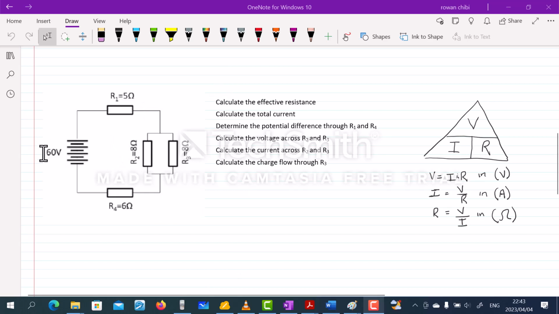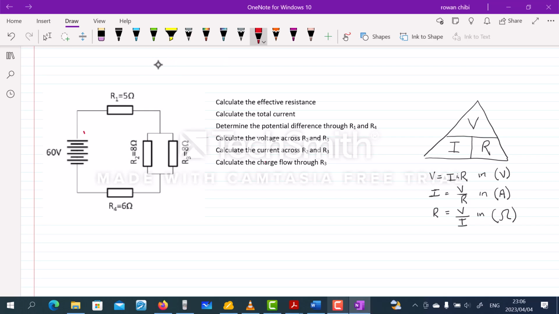When you look on your left, you have a battery. This is a battery with 60 volts. What we know is that your current will come from the positive side of your battery.